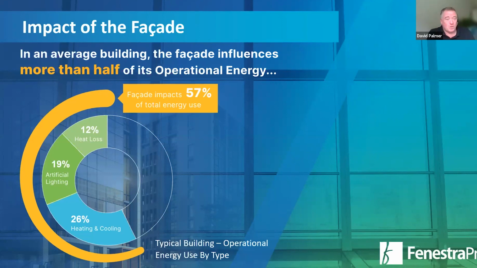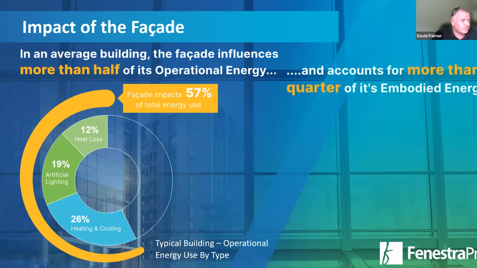In addition to that, we also look at how we can maximize natural light to reduce the requirement for artificial light. So total energy use that's controlled by the facade is over half. 57% of total energy use is controlled by the facade.